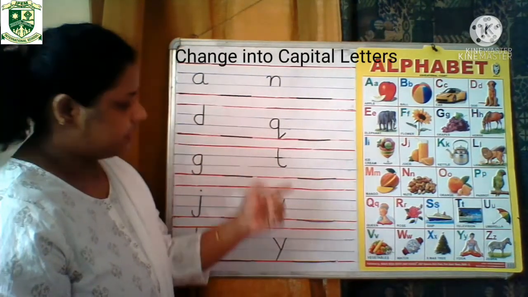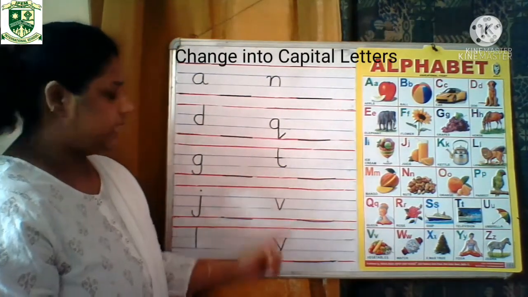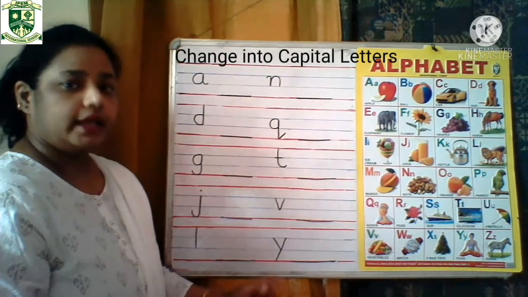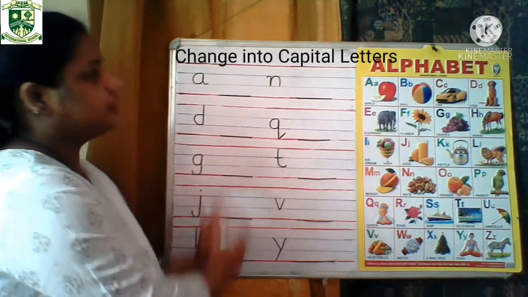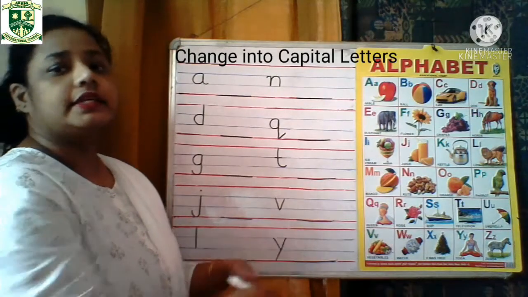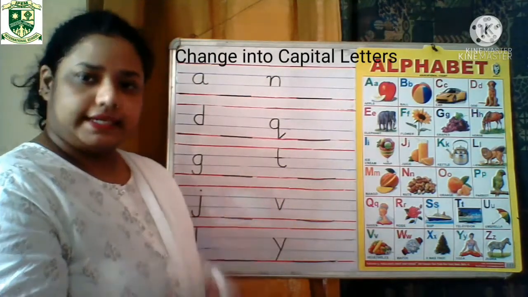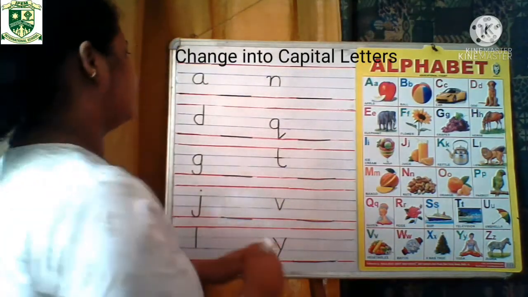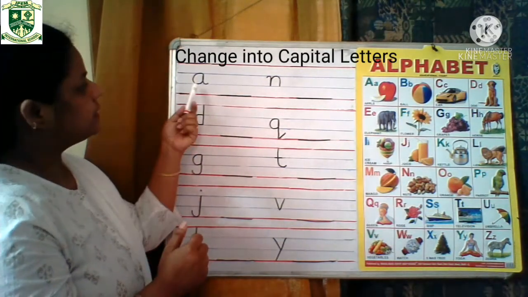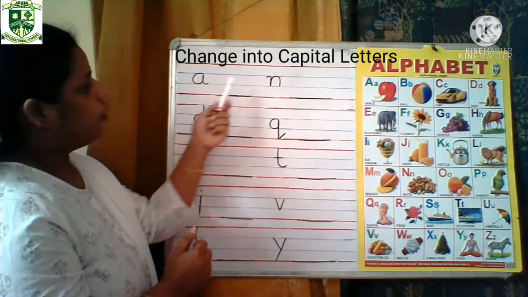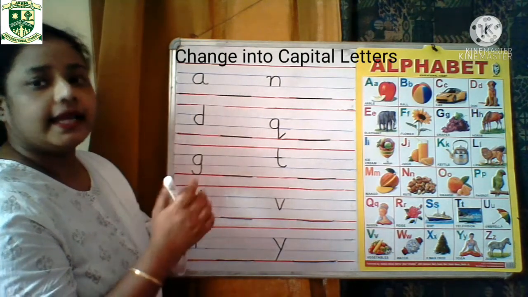Small t, small v, and small y. Now what we have to do in this exercise, we are going to change these small letters into capital letters. Okay, now tell me how we'll write capital A. What is this? Small a. Now over here we have to write capital A.